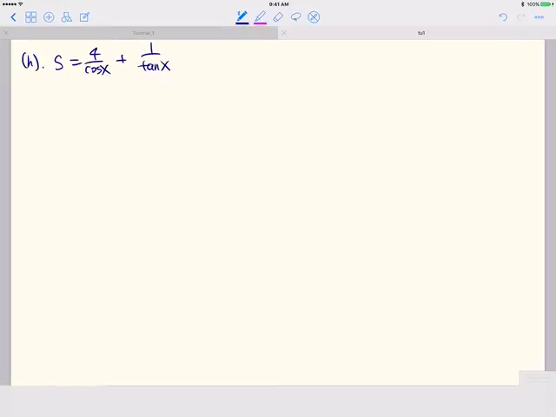So if we regard this as f and this as g, we know that S prime equals f prime plus g prime. This is straightforward, right? For the f prime, f equals 4 over cosine x. So definitely we can use the quotient rule.